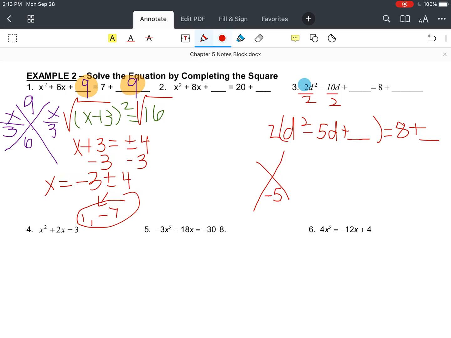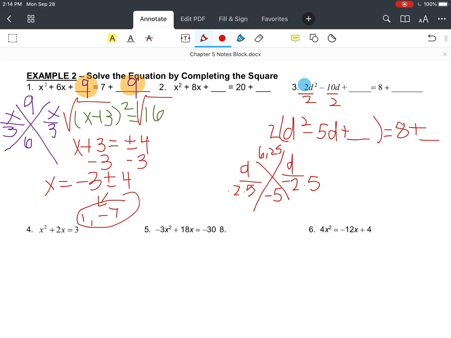Negative 5 is my b that goes on bottom. The two numbers that are going to add to negative 5 are going to be negative 2.5 and negative 2.5. Multiplying negative 2.5 by negative 2.5, I'm going to get positive 6.25 in the top.